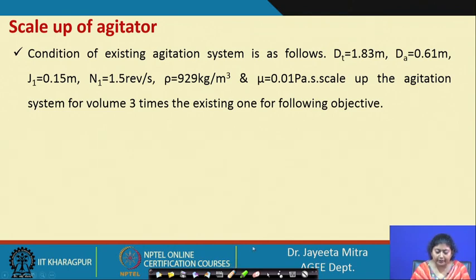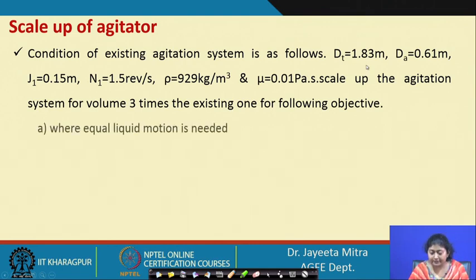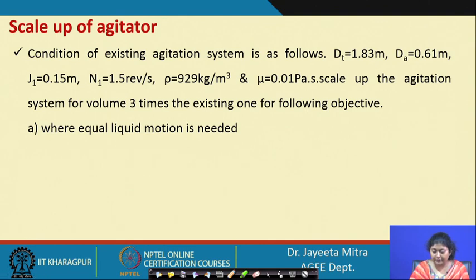Now, the condition of an existing agitation system is as follows. The tank diameter dT is 1.83 meter, agitator diameter dA is 0.61 meter, J1, which is the width of a baffle, is 0.15 meter, N1 is 1.5 revolutions per second, density 929 kg per meter cube, viscosity 0.01 Pascal second.